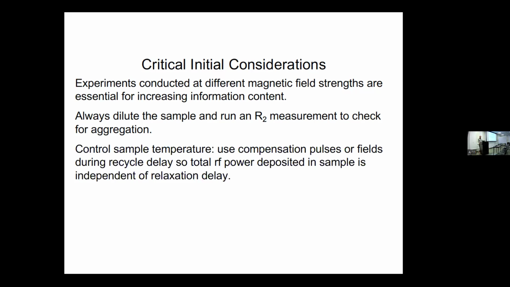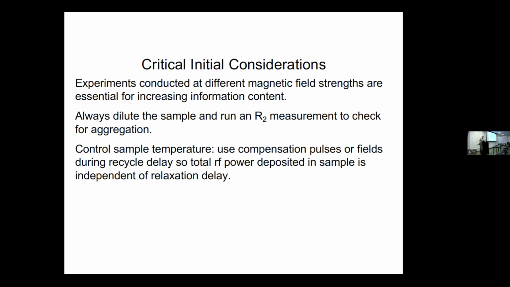These days, most of the pulse sequences have in them what's called temperature compensation. So during the recycle delay, there are RF fields turned on to try to make sure that you deposit the same amount of RF energy into the sample, independent of what you're doing while you're measuring the relaxation decay curve.